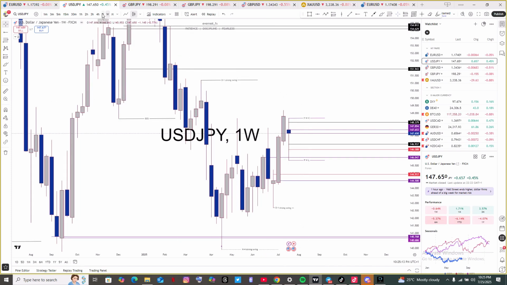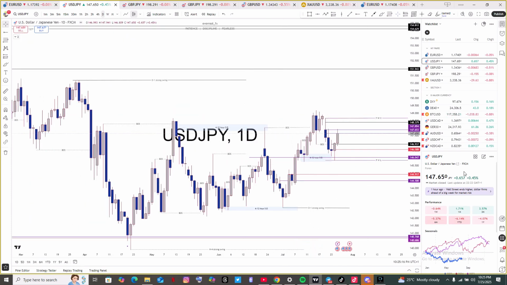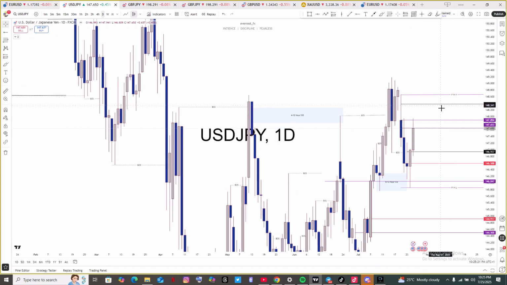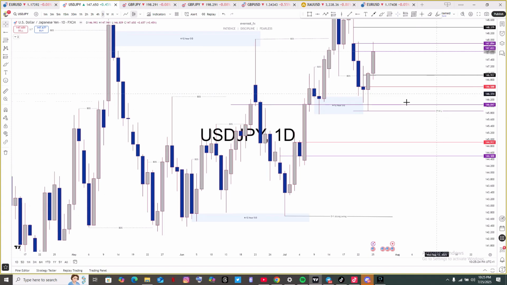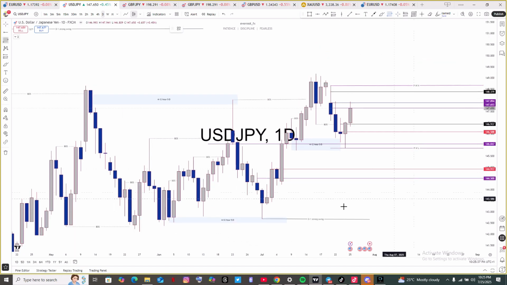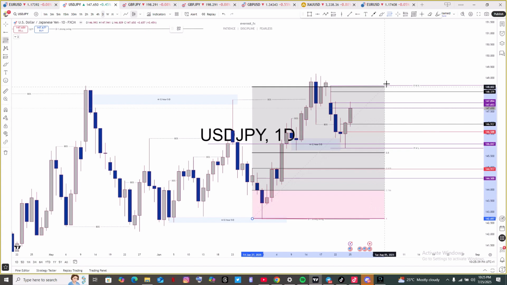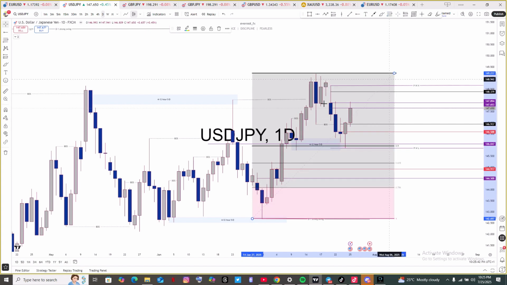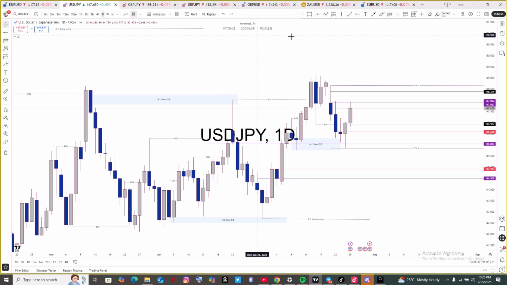So let's go down to 1 day. This is our daily. On the daily time frame, this is a break to the upside, making this place a daily strong swing, right? Now we had retracements already, and the market actually came down to 50% and it's retracing.